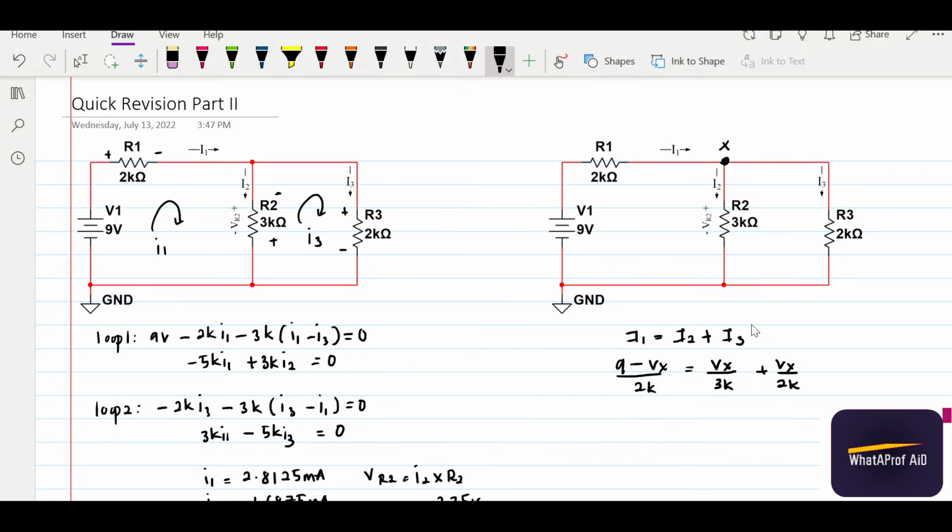Then we will simplify. We can eliminate this k, and we can simplify this equation by multiplying by 6: 27 minus 3Vx equals 2Vx plus 3Vx.